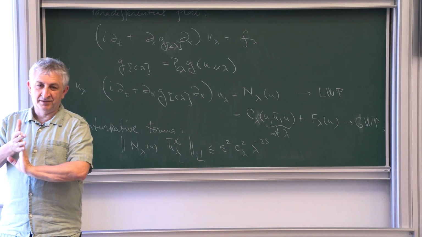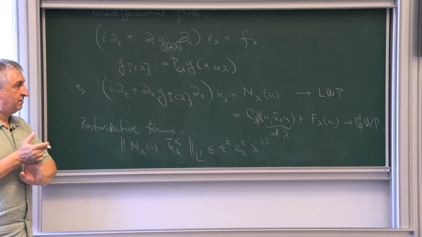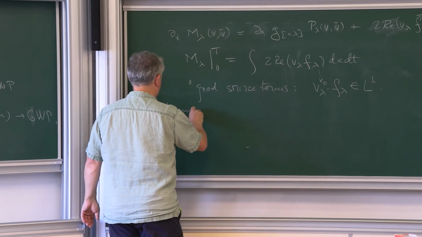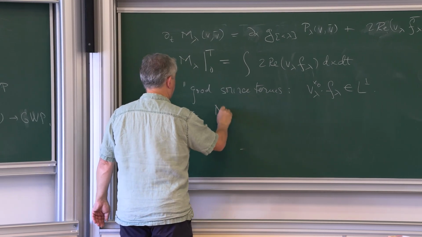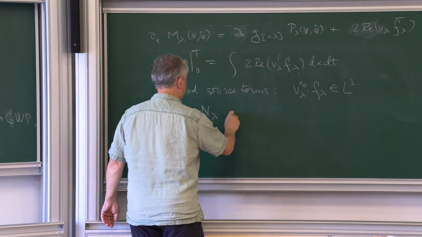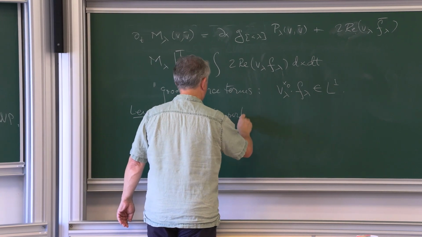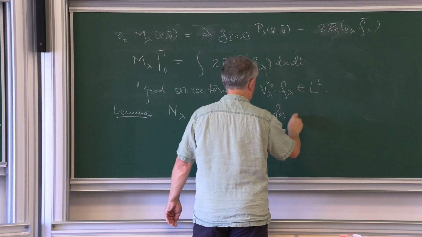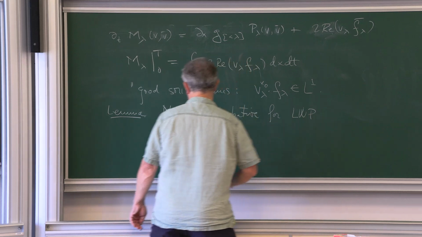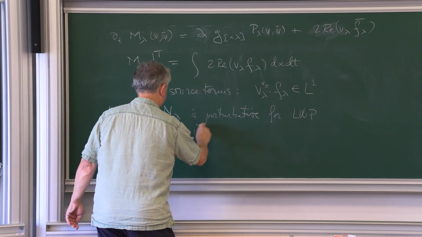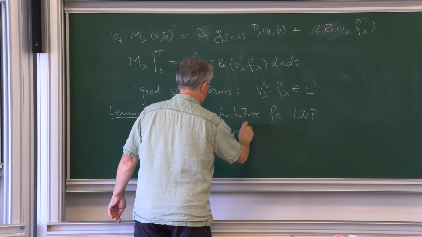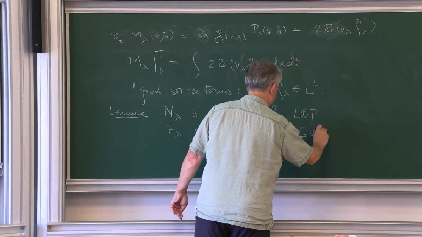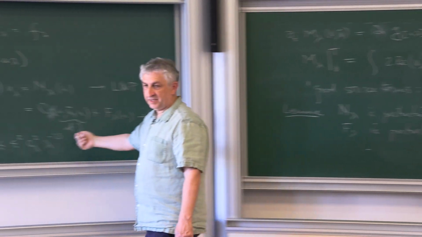And so then we come to a very important lemma, if we want, which says that n lambda is perturbative for local well-posedness, and f lambda is perturbative for global well-posedness. Perturbative in this sense.